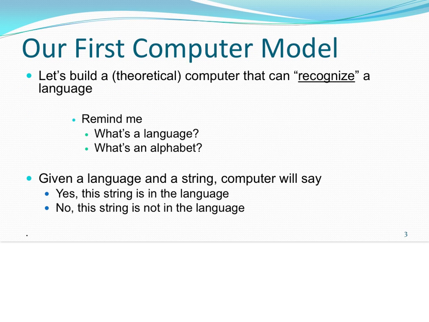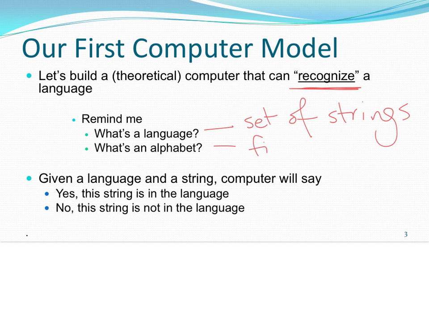So our first simplest computer is going to be kind of a theoretical computer, and it's going to be a computer that can recognize a language. So let's just remember, a language is a set of strings, and an alphabet is a finite, very important, set of symbols.